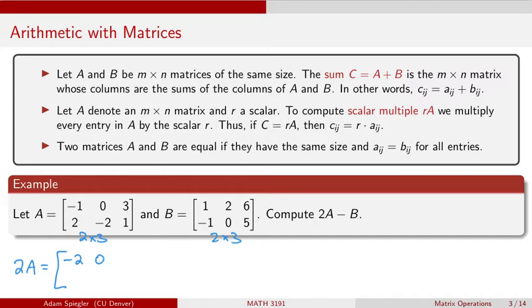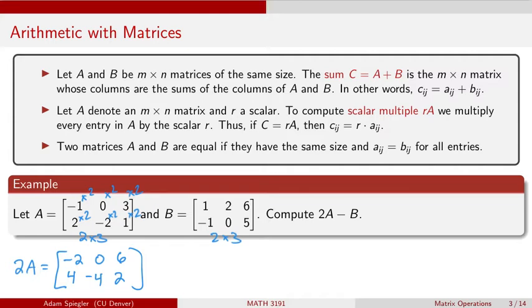Then I take this 2 times that 3, and that gives me 6. And then I've got 2 times 2 is 4, 2 times minus 2 is minus 4, and 2 times 1 is 2. So we're just multiplying every single element in this matrix by 2. And that's what we get as a result.